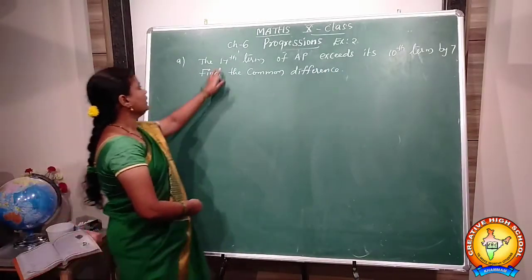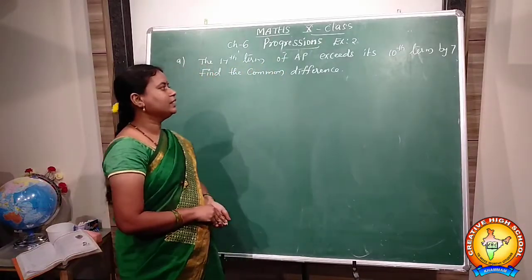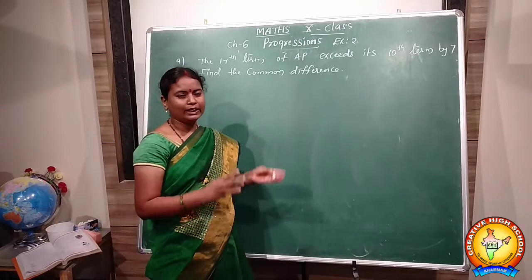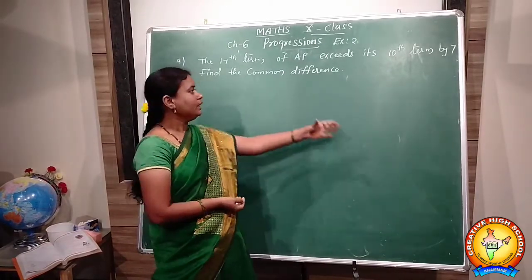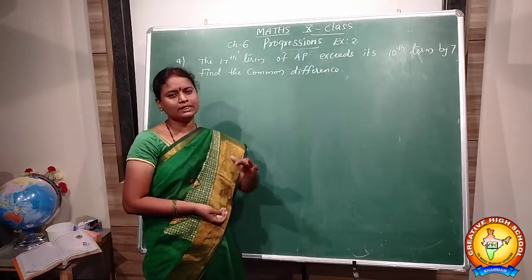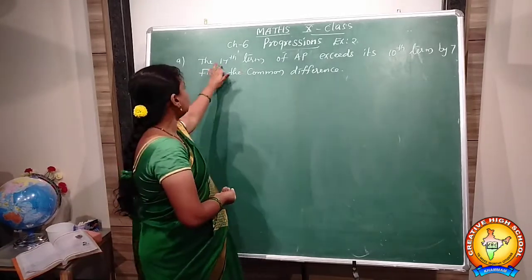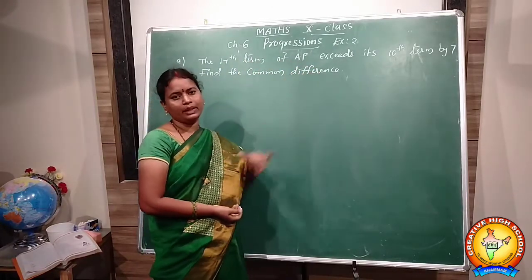See here, the 17th term of an AP exceeds its 10th term by 7. Okay, in an AP series, the 17th term will become 7 more than its 10th term. Exceeds means more. So the 17th term of the AP exceeds its 10th term by 7.